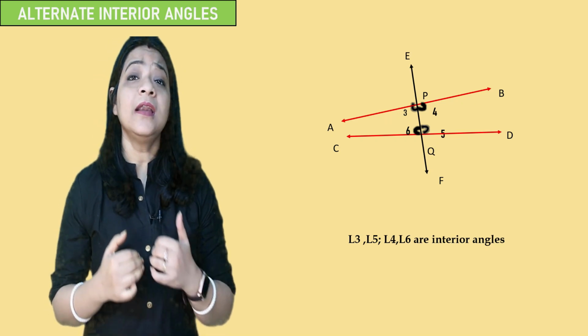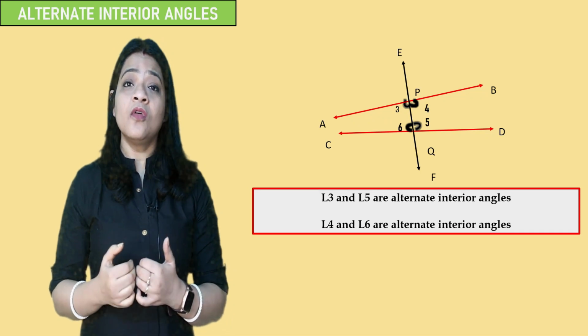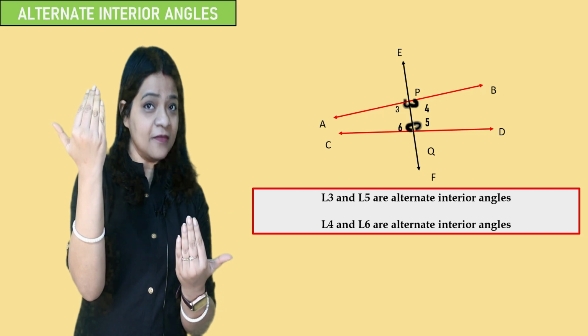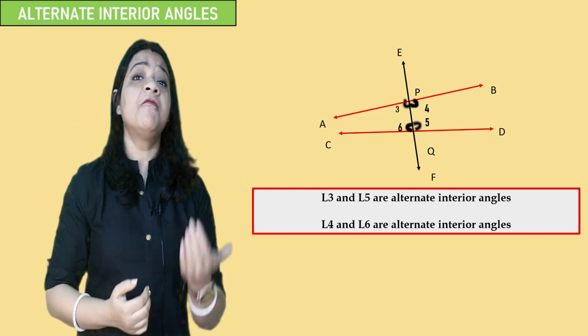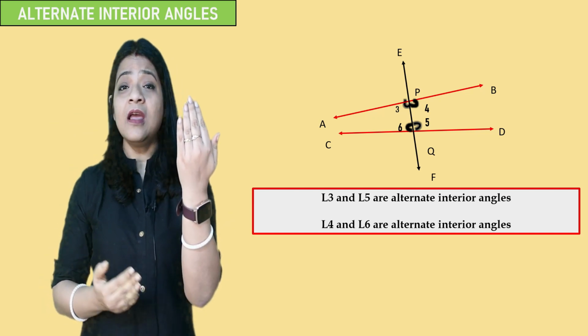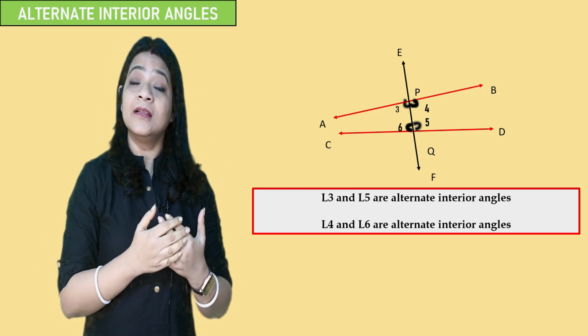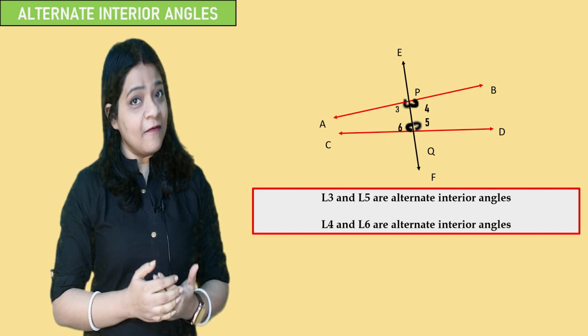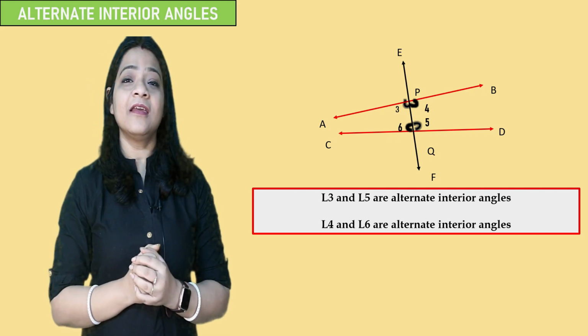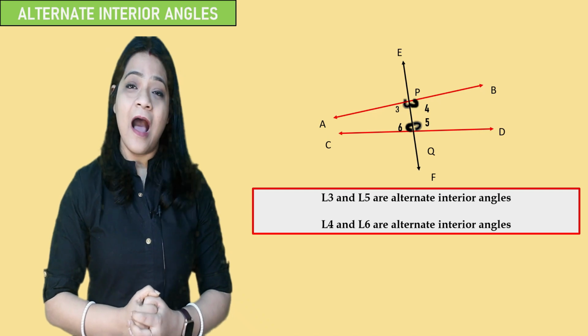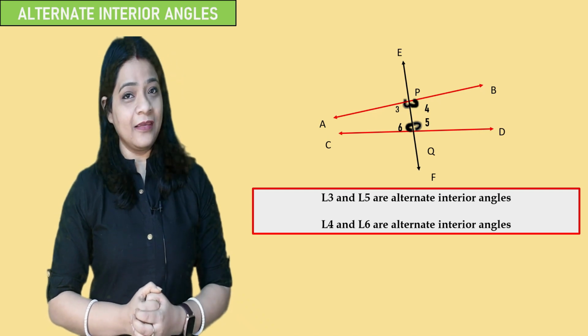So alternate interior angles: if 3 is lying in this position, angle 5 is lying in this position. If 4 is lying in this position, 6 is lying in this position. So angle 3 and angle 5 are alternate interior angles. Similarly, angle 4 and angle 6 are alternate interior angles.